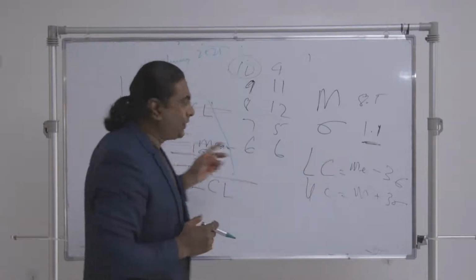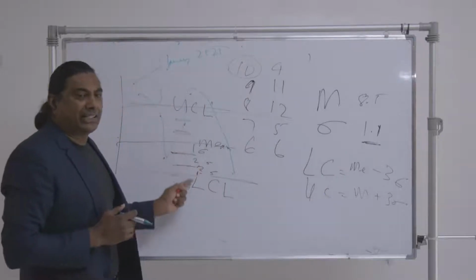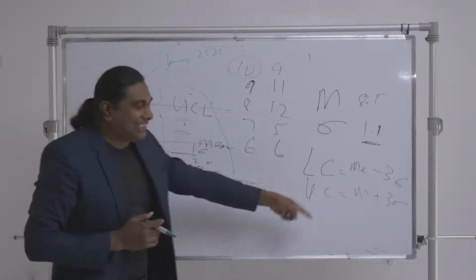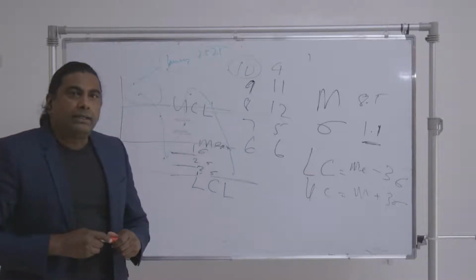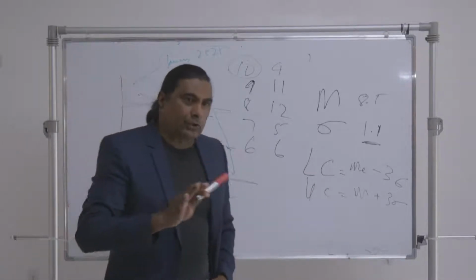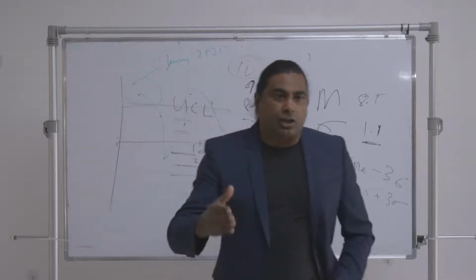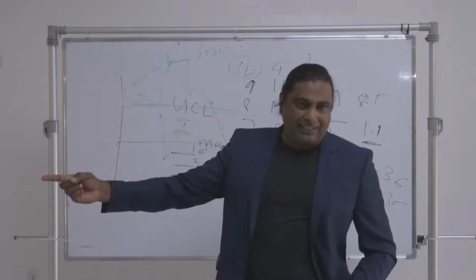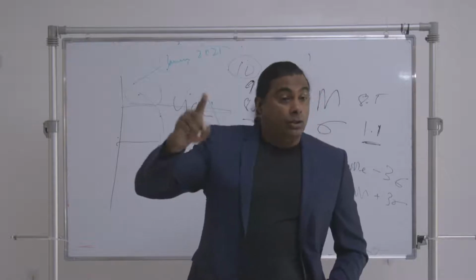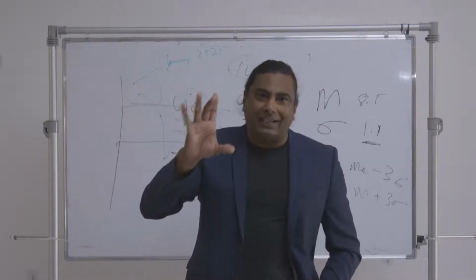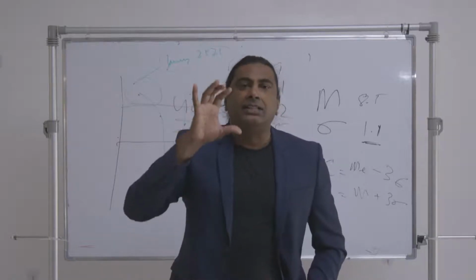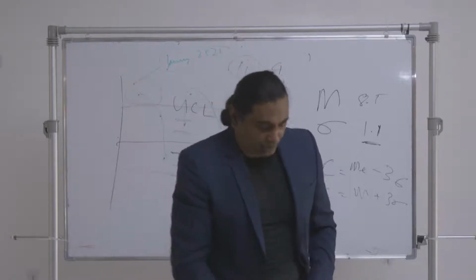I want to know the actual data points and how they relate to the mean and standard deviation. That's what I want to know. Is that clear? So that's the difference. Special cause variation means you have to investigate. Normal cause variation is acceptable because normal cause variation by definition is between the upper and lower control limits.